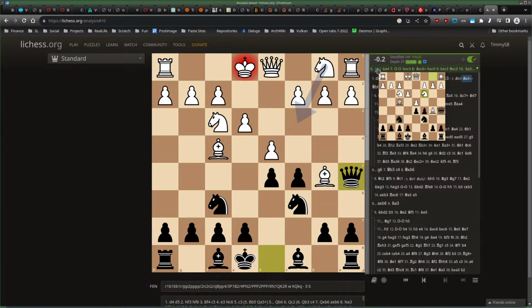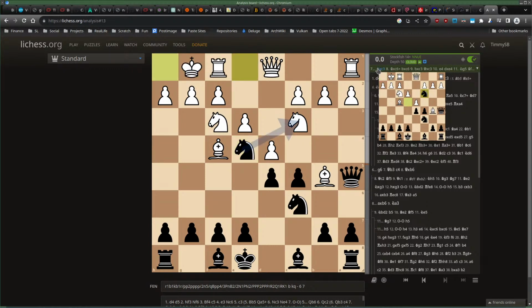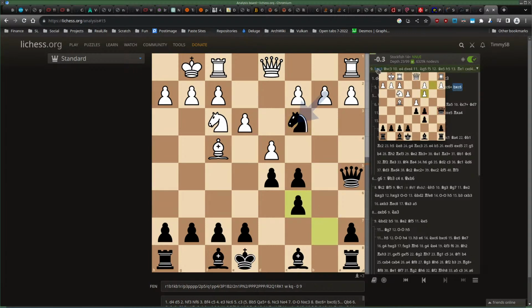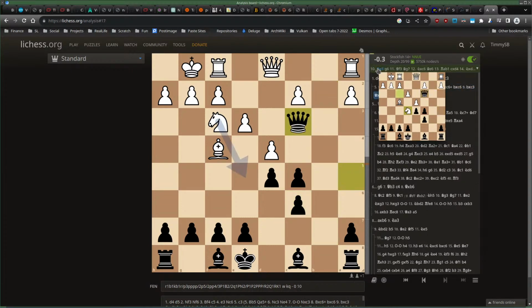Then they have to play the knight, of course. And then I attack the knight, of course, and then they can castle. And then I can take the knight, and then they have to take my knight with check, and I take back. And then they have to take my knight, and then I take that pawn.